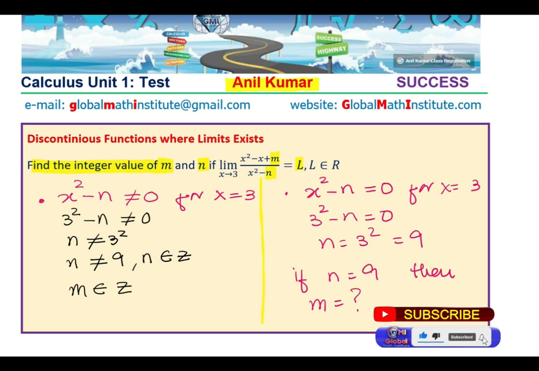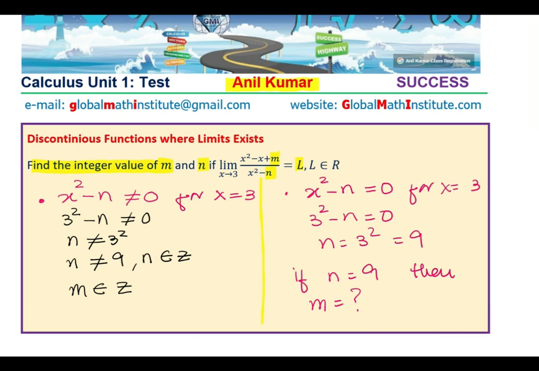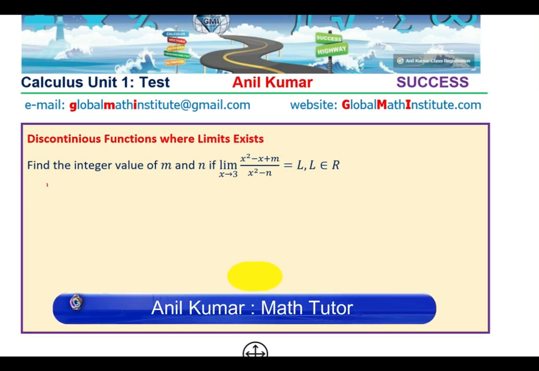That becomes part 2 of this particular problem. But remember, part 1 is very essential to understand, and that is n could be any other number except 9. In that case, the solution is this. But if n is 9, in that case, m is restricted. Perfect. So let's move on to the next page and look at case 2.